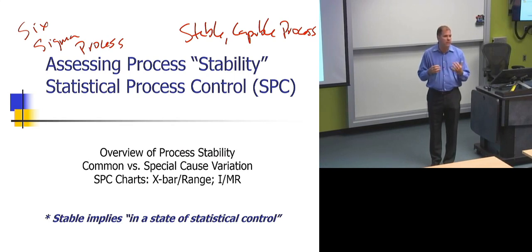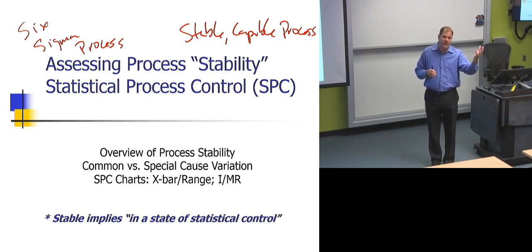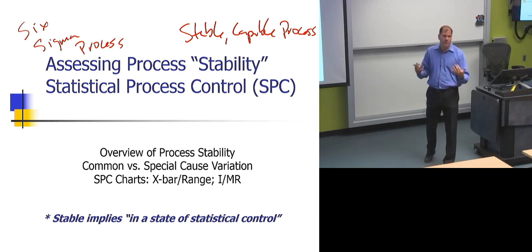The reality of industry is that almost everyone uses up to 6 charts, which cover the vast majority of applications. We're going to go through 4 of them today, the ones that apply to continuous data, things like process time or lengths or widths. Then we'll talk about those that apply to attribute charts, but there are some core charts that most of the time people use.